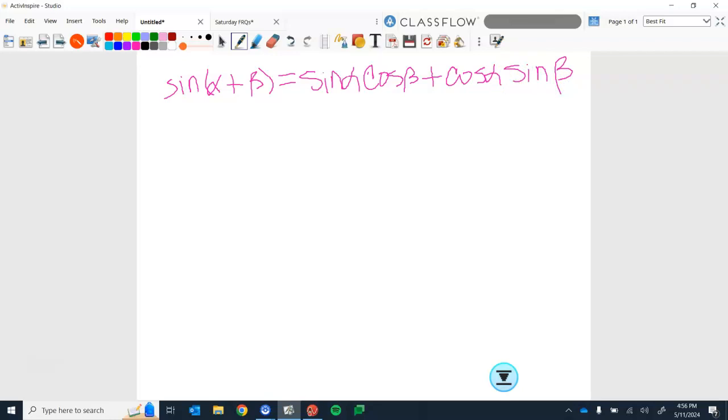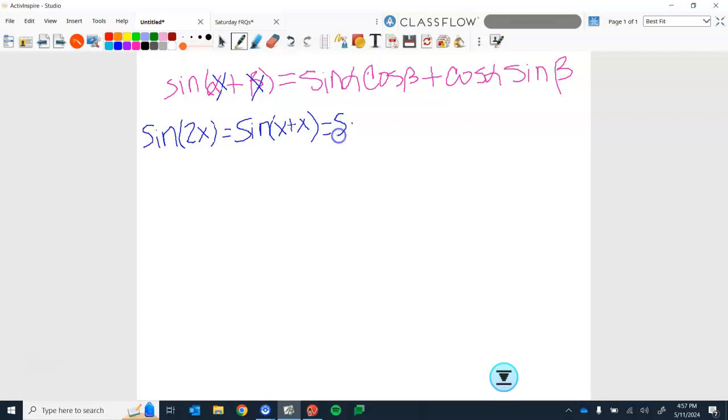Now, what I want is sine of 2x. Sine of 2x. I'm writing too big, I can tell. Let me move over, I'm going to run out of room. Sine of 2x, which is the same as the sine of x plus x, because x plus x is 2x, right? So basically, I'm going to substitute x in for alpha and x in for beta.